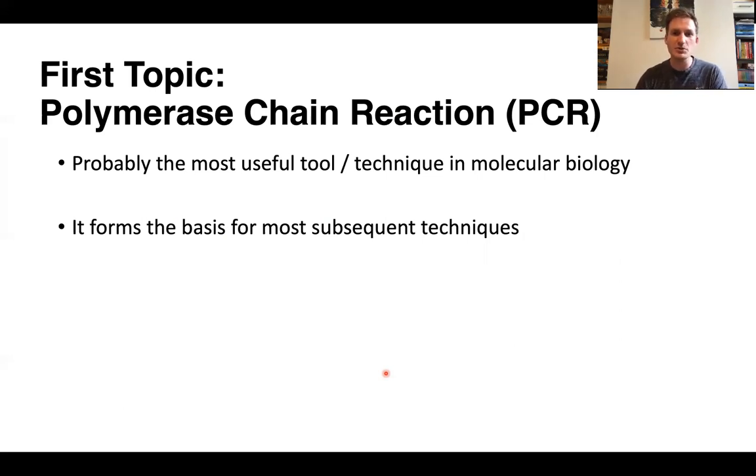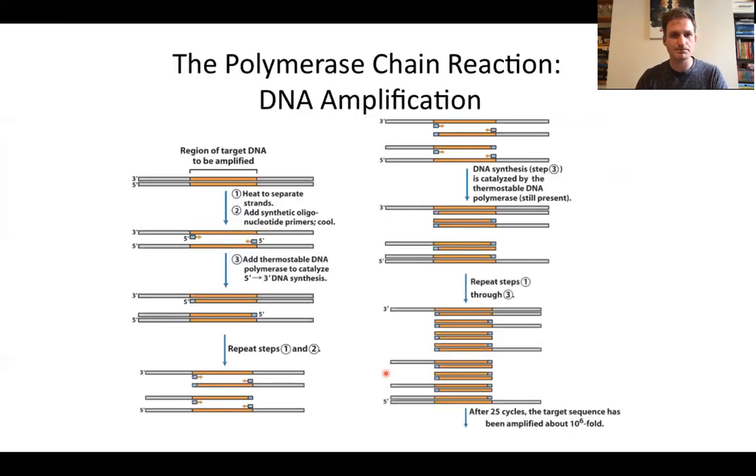It's probably the most useful tool in molecular biology, and it forms the basis for most techniques in molecular biology. What happens is that in your target organism, like a plant, crop species, or an animal, you would like to understand the sequence or molecular markers at a given position.